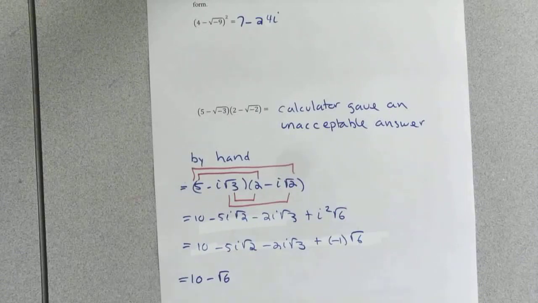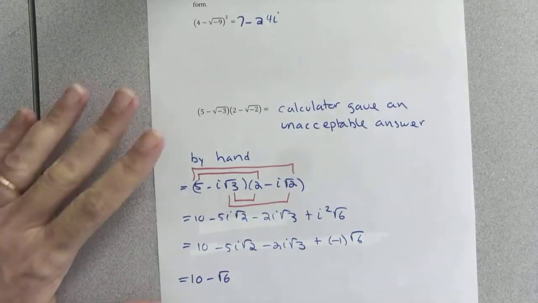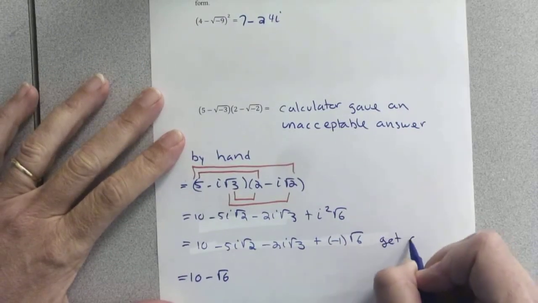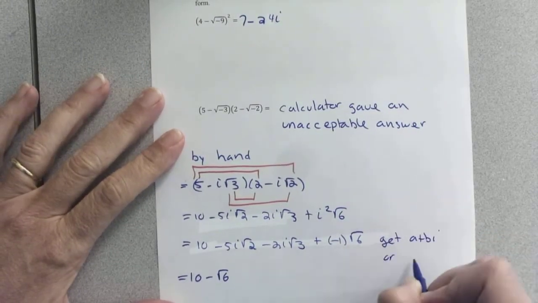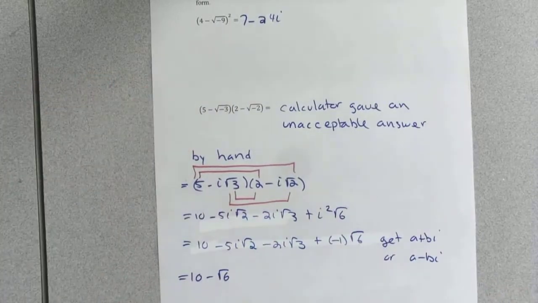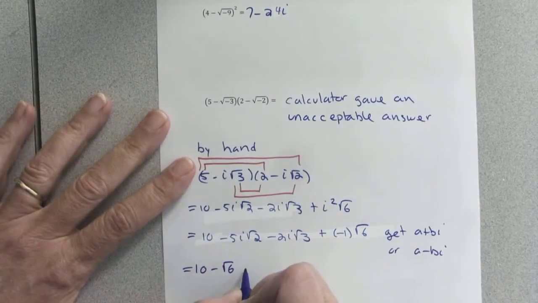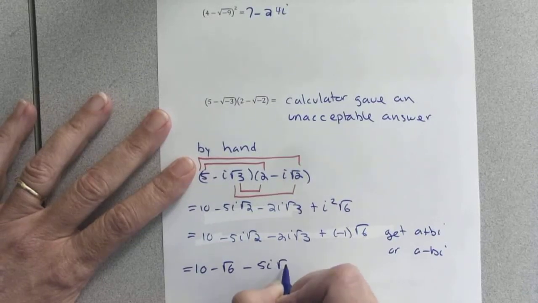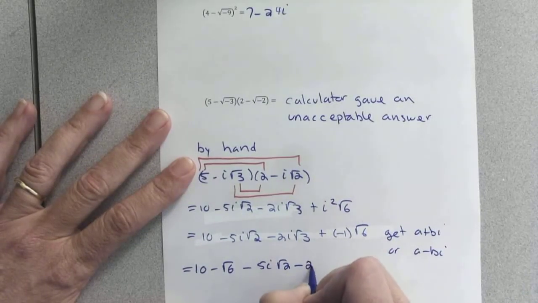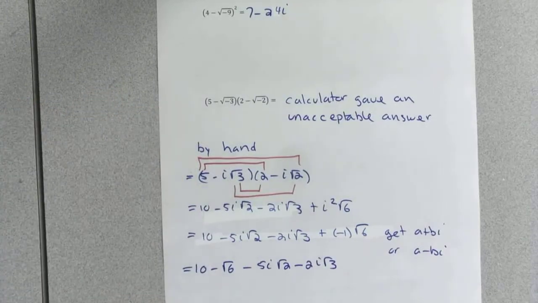It's this COVID year, we're not going to have quizzes probably. To make the A plus BI form, get A plus BI or A minus BI. So I'm going to move the stuff without i's to the front. And I'll move the stuff with i's to the end.